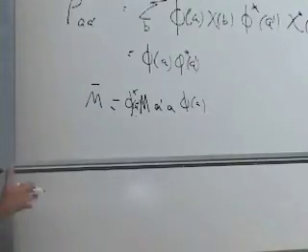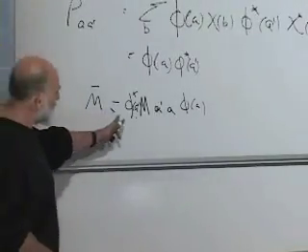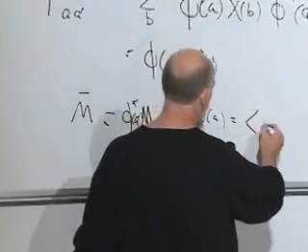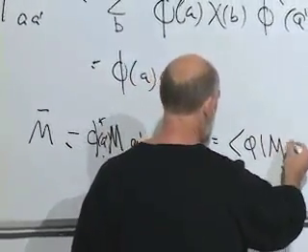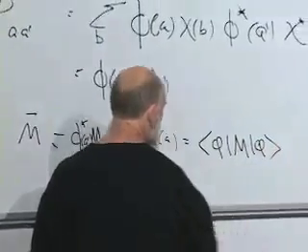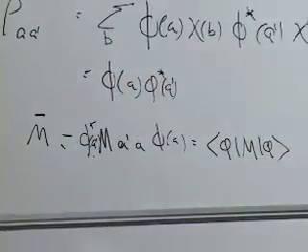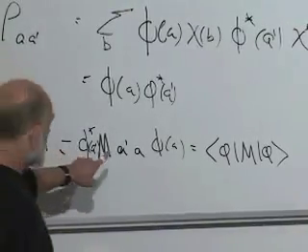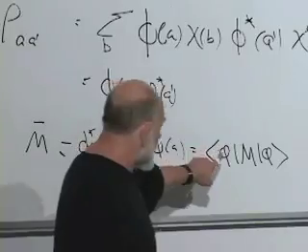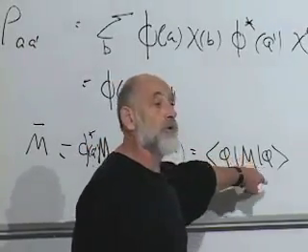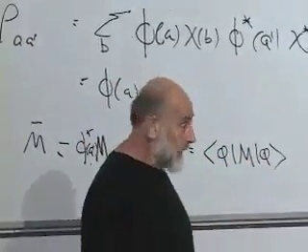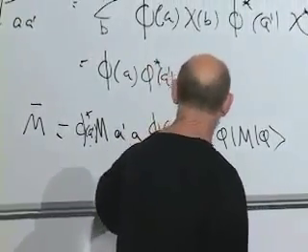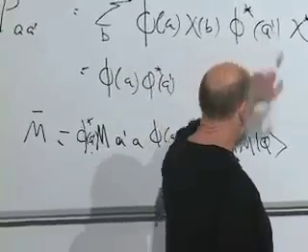Well, written in components, this is nothing but phi M phi. In other words, the expectation value of M, and not just M, but any observable that involves only A, is exactly the same as if the state vector were just phi. The A degrees of freedom are completely and entirely described by the pure state phi.